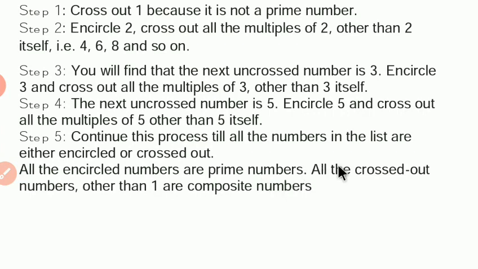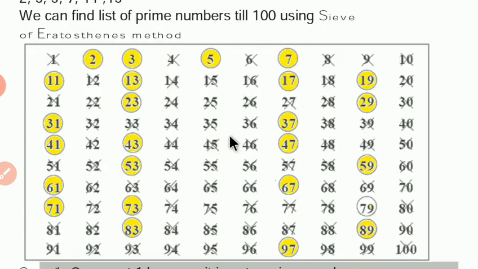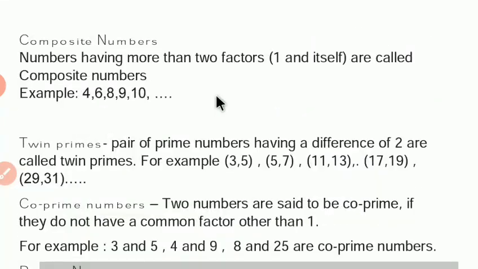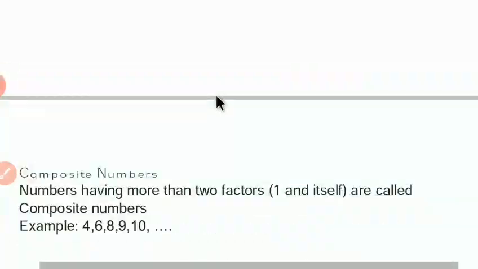All the encircled numbers are prime numbers and all the crossed out numbers other than 1 are composite numbers. There are 25 prime numbers between 1 and 100. This method is only for 1 to 100.